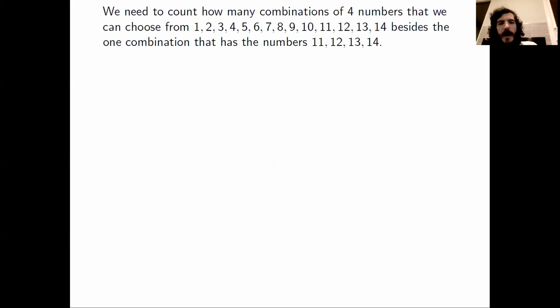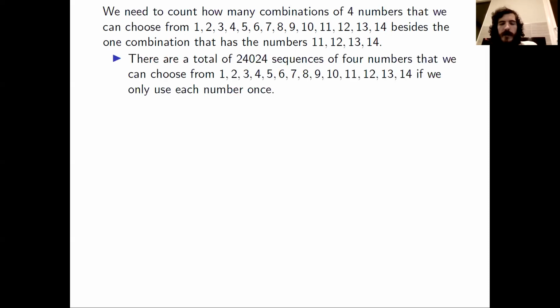So there, again, at the top, is the problem that we're trying to solve. And so far, we have not computed anything about combinations yet. Everything that we've computed has been about sequences instead of combinations. And we found that there were 24,024 sequences of 4 numbers that we can choose from the numbers 1, 2, 3 up to 14 if we're not allowed to repeat any numbers.